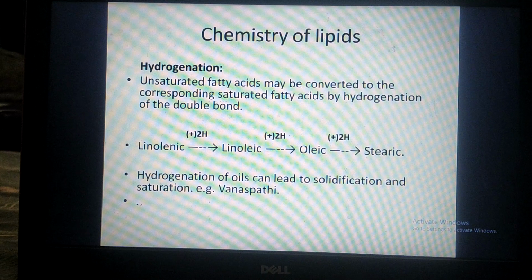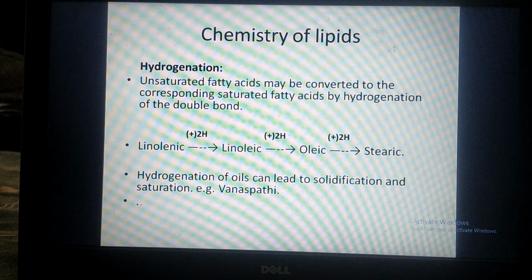Hydrogenation is the process by which we add hydrogen atoms to the unsaturated fatty acid and convert it into saturated fat. Here I have given one example of linolenic acid, which has 3 double bonds. When we add 2 hydrogen atoms, it gets converted into another 18 carbon fatty acid, linoleic acid, with 2 double bonds.